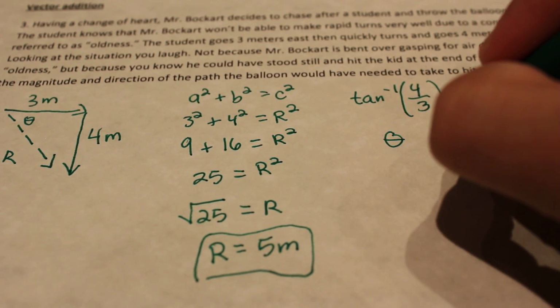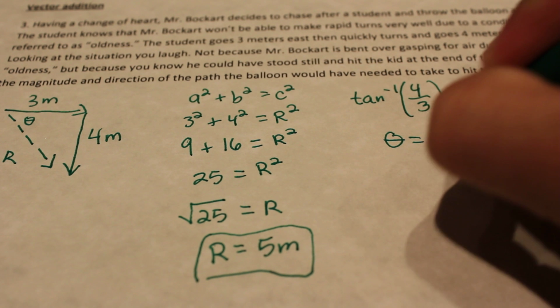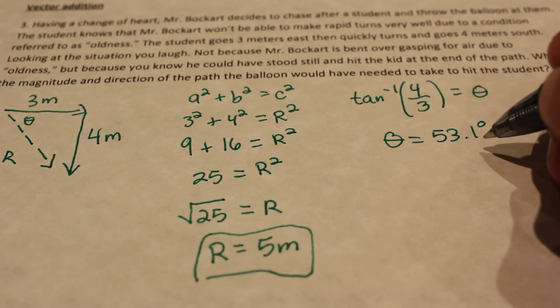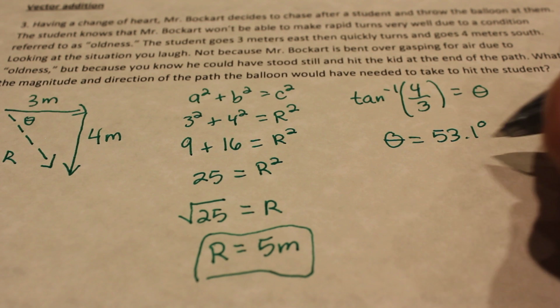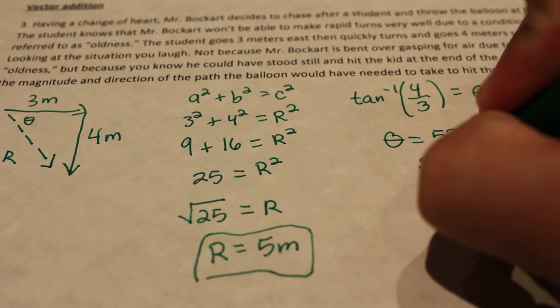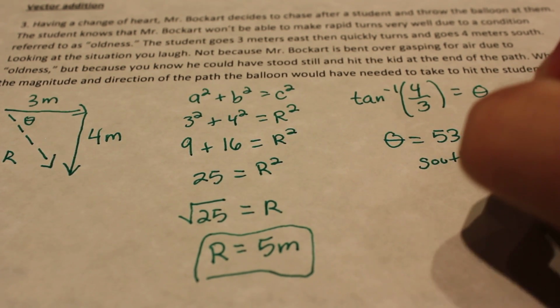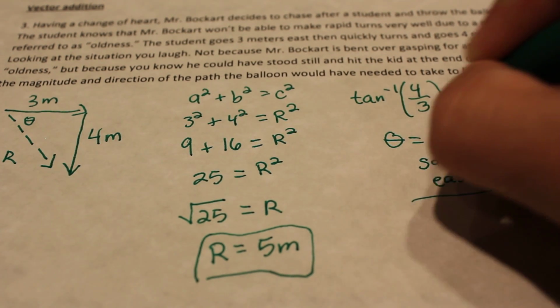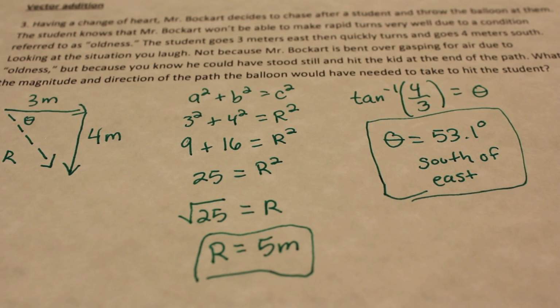Theta will equal 53.1 degrees. Make sure that your calculator is in degree mode and not radian mode. And to give a precise direction, this would have been south of east. And that's number 3.